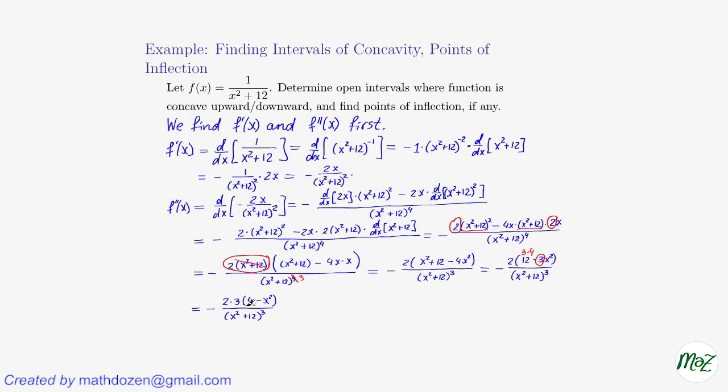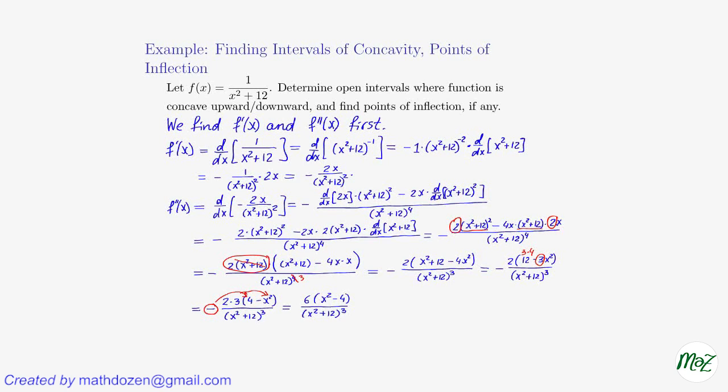So factoring out 3, we end up with 4 minus x squared. And then we're going to bring this negative in, so we distribute it here and there, so that we end up with 6 times x squared minus 4, all of that over x squared plus 12 to the third power. That's the first and second derivative.